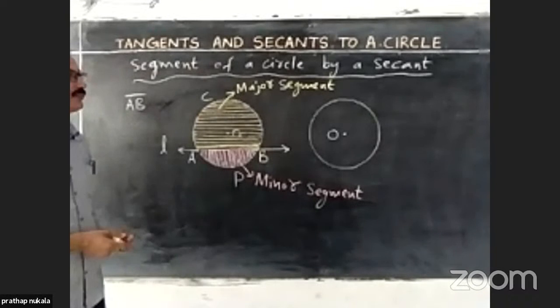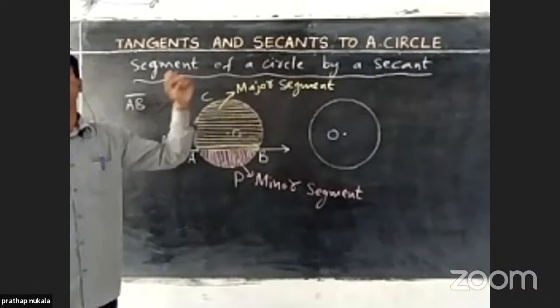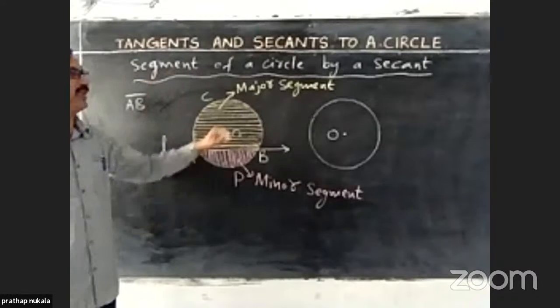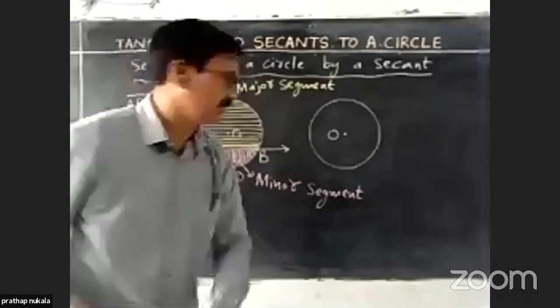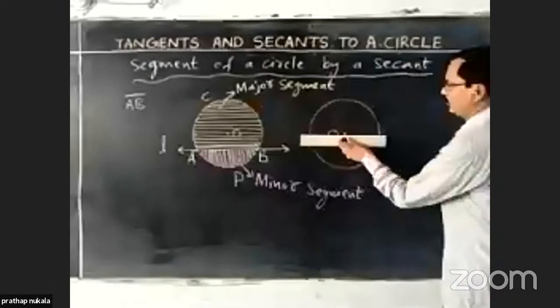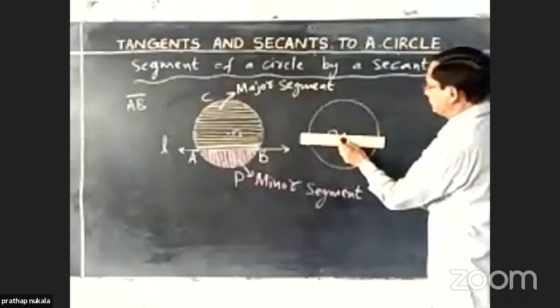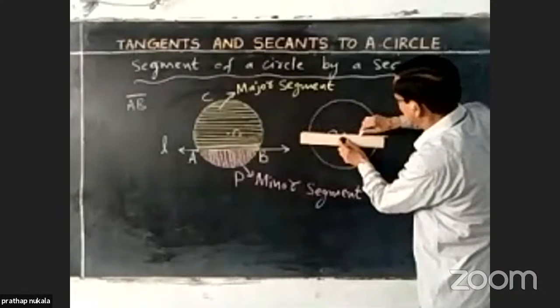Next, what happens if a line intersects at the center? Just think, what happens if a line intersects at the center? Now, we are dividing a circle by a line at the center.